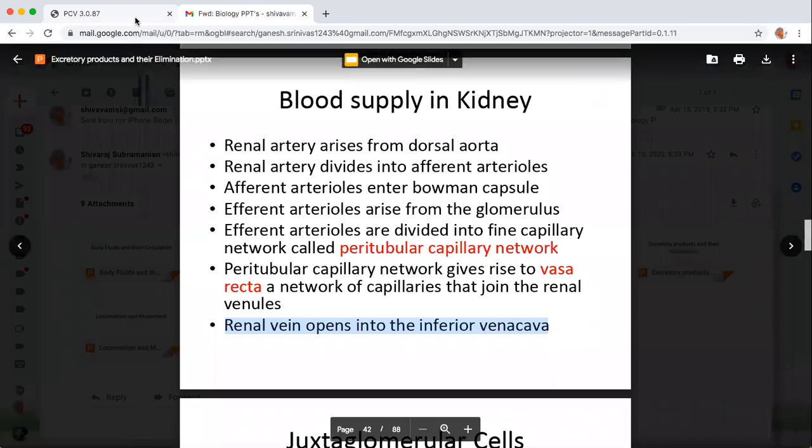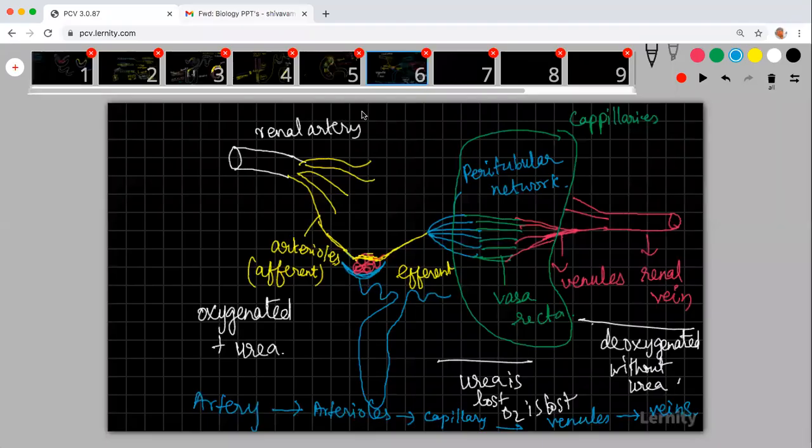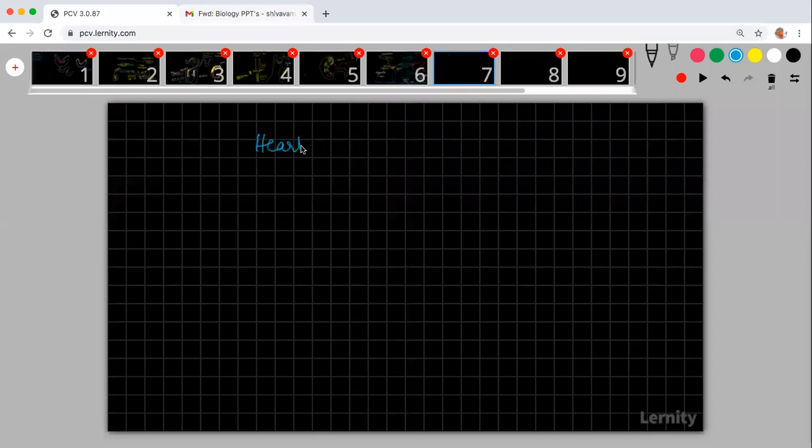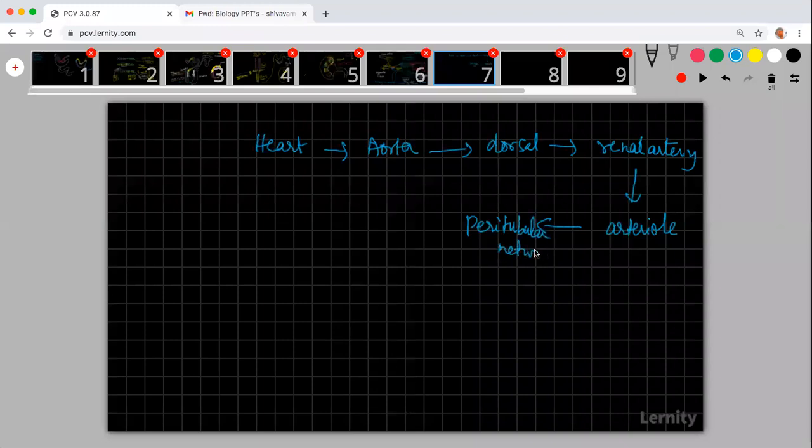So which means you have your heart, from the heart through the aorta, to the dorsal area, the renal artery comes. The renal artery becomes arterioles, and it becomes the peritubular network. From here it becomes the vasa recta.